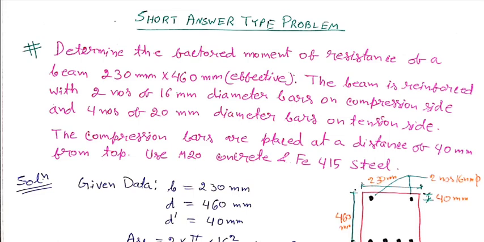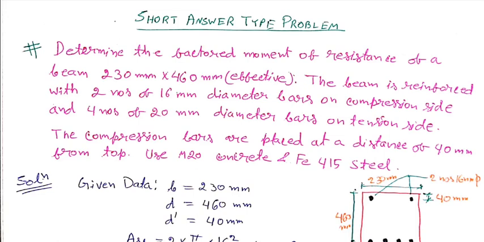The beam is reinforced with two numbers of 16 mm diameter bars on the compression side and 4 numbers of 20 mm diameter bars on the tension side. The compression bars are placed at a distance of 40 mm from the top. Use M20 grade of concrete and Fe 415 steel.